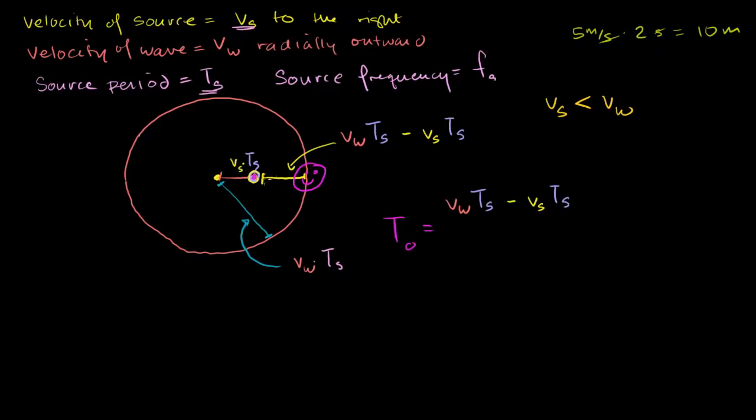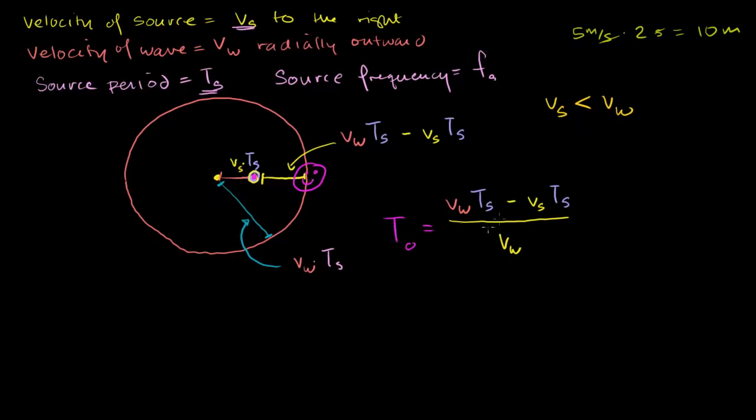So it's going to be this distance that the next pulse, the one that's getting emitted right at that moment, is going to travel, divided by the speed of that pulse, or the velocity of the wave, and we know what that is. That is v sub w. Now, this gives us the period of the observation.